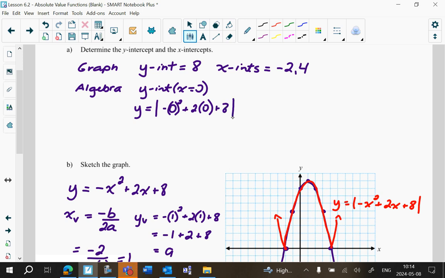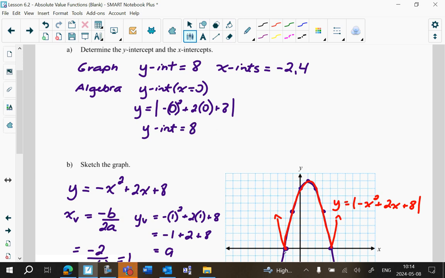Well, negative 0 squared is 0, negative 0 is still 0, plus 0 is still 0, plus 8 means the absolute value of 8, which means our y-intercept is 8, which matches up with what we saw on the graph.